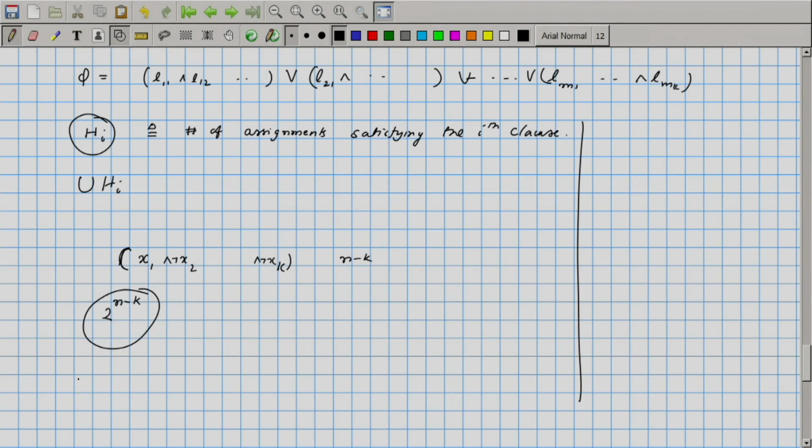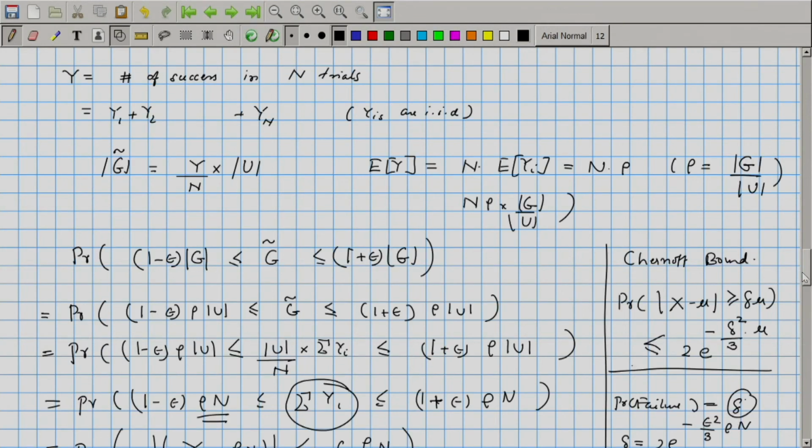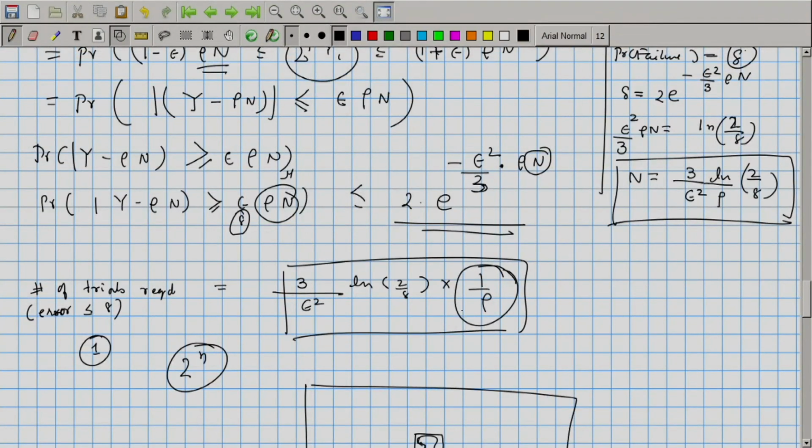It is at most m times the number of satisfying assignments. Okay. So, if we could find a space which contains at most m times the number of satisfying assignments, then by this method rho is going to be at least 1 by m. So, 1 by rho is m.